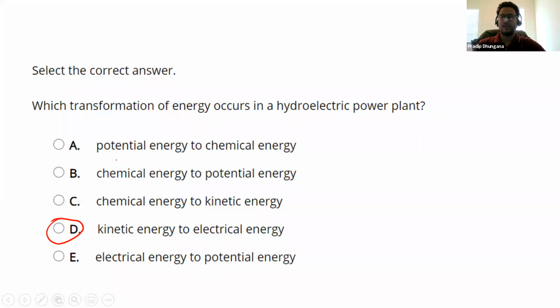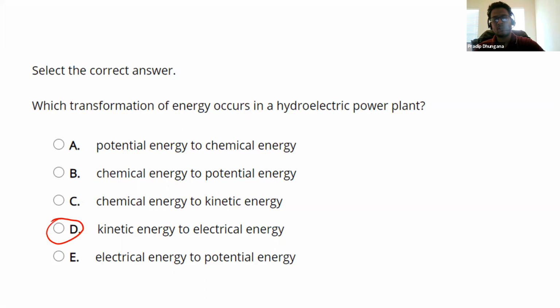In a hydroelectric power plant, they make a dam and store a huge amount of water at first. Then they use a tunnel or pipe through which they move the water, and that water is used to rotate a turbine from where electrical energy is produced.